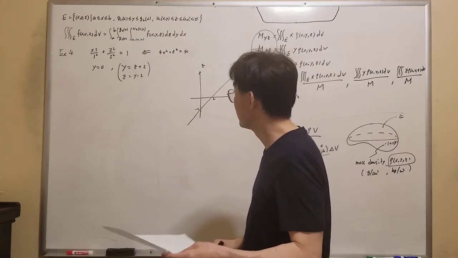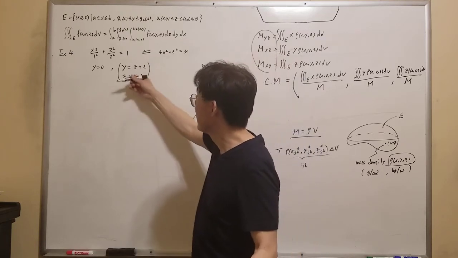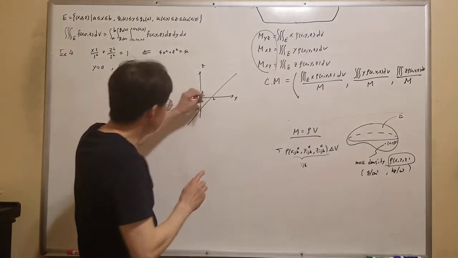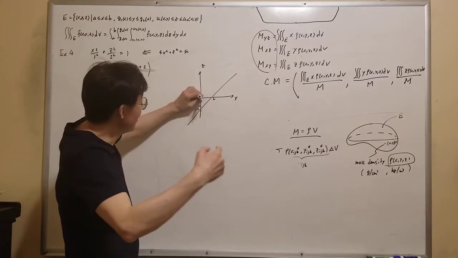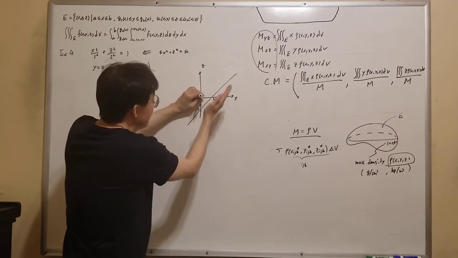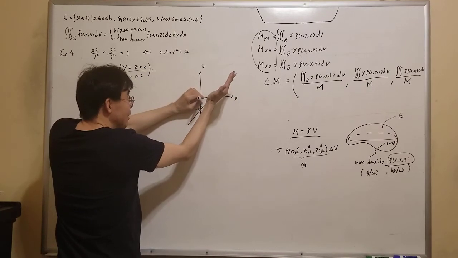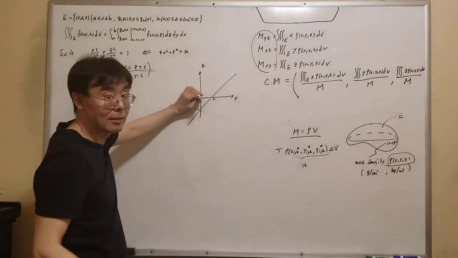This is the line. Now, this is not a line. This is a plane in xyz space. So now the x-axis is going towards you, out of the page. This is the plane perpendicular to the yz plane, parallel to the x-axis.